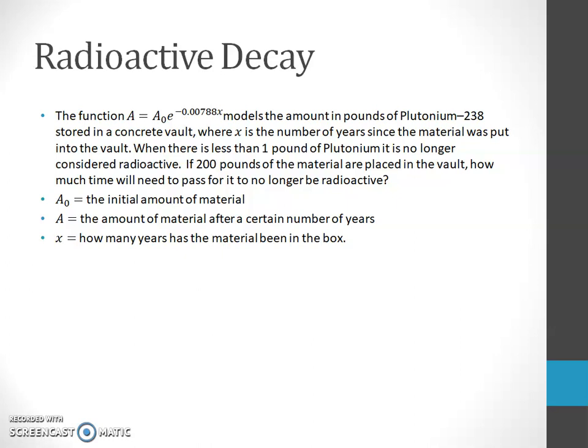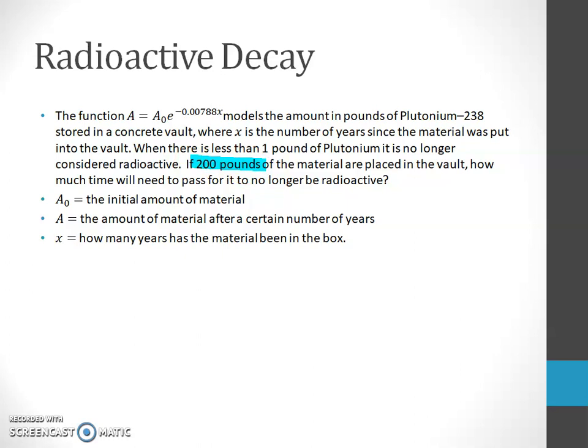When there is less than 1 pound of plutonium, it is no longer considered radioactive. If, again, they put 200 pounds of the material placed into the vault, how much time will need to pass for it to no longer be radioactive? So they gave us our start value, 200 pounds again.